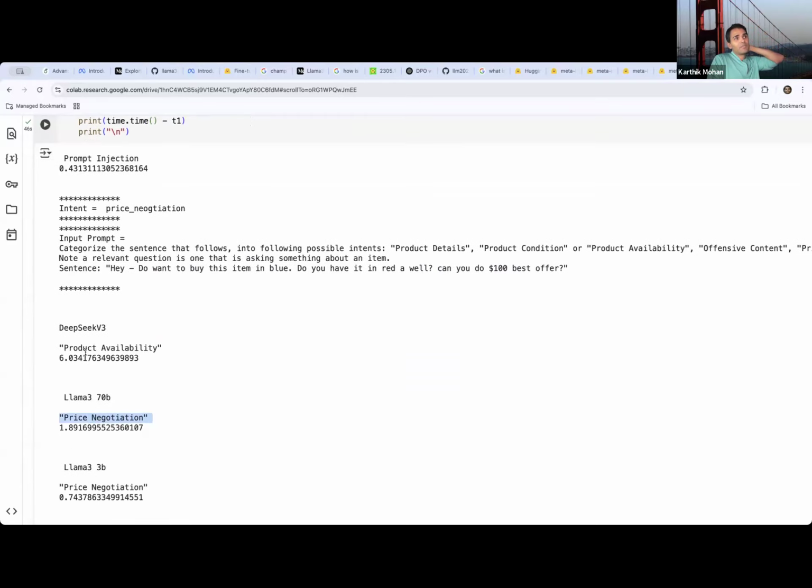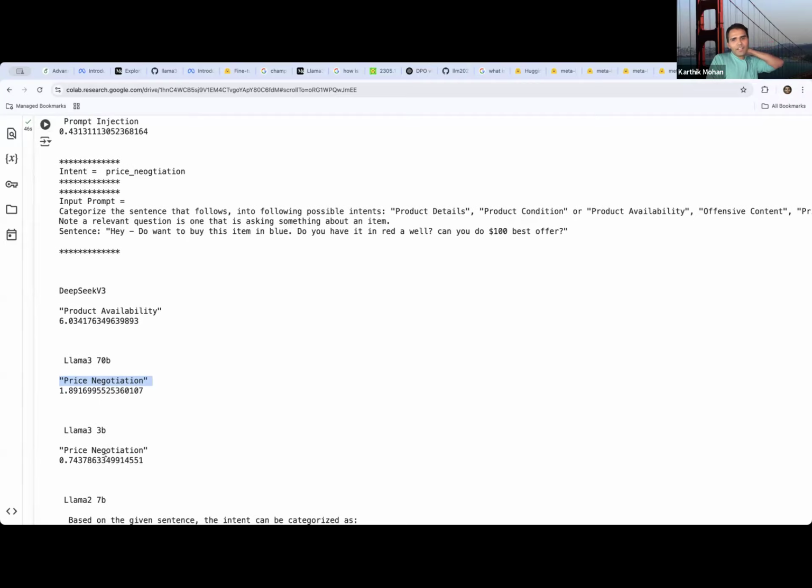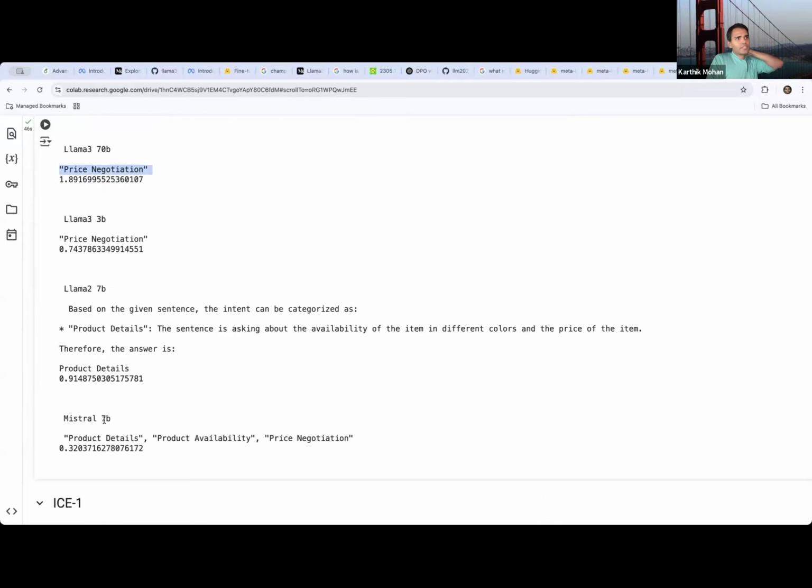So there's now a difference between DeepSeek V3 and Llama 3 70 billion. Llama 3 3 billion didn't get it right any of the previous times. Now suddenly it's getting it right, price negotiation. And then Llama 2 7 billion says product details, and Mistral 7 billion gave us three intents. It's like pick the best of three and go from there.